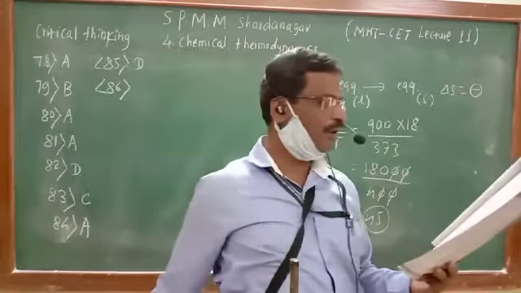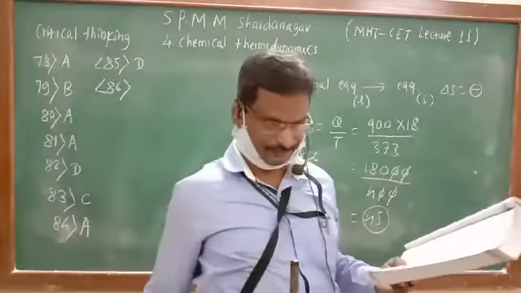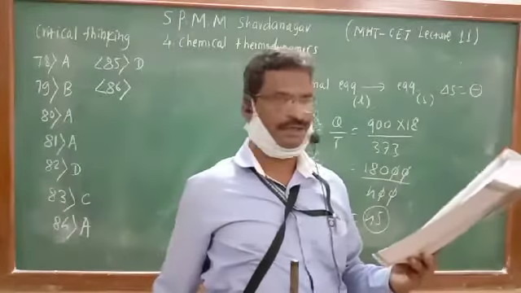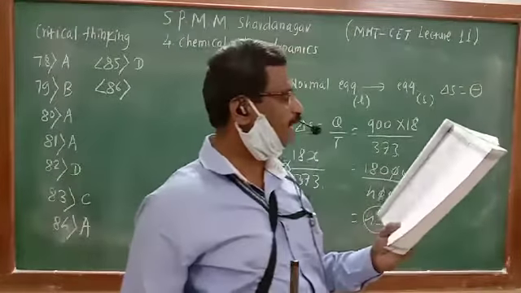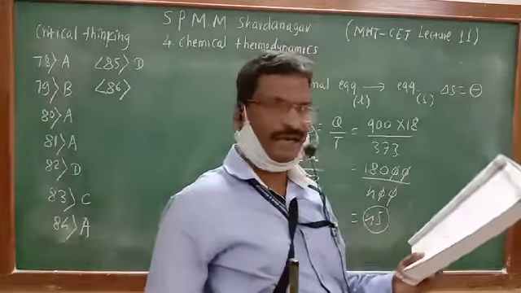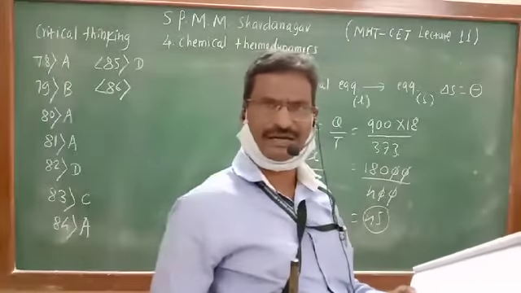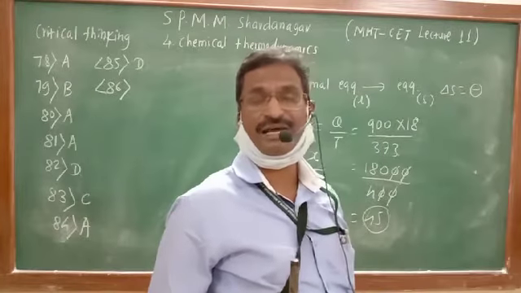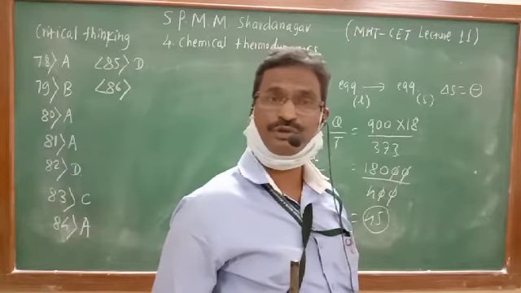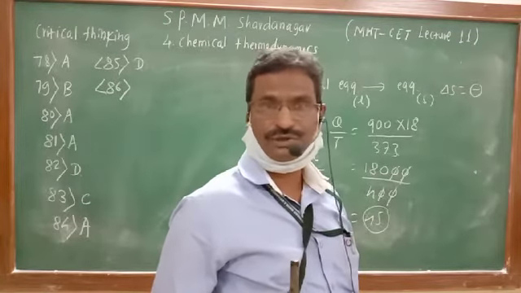Question number 86. In which of the following does entropy decrease? Option A, crystallization of sucrose from solution. That is right. Solution is liquid.